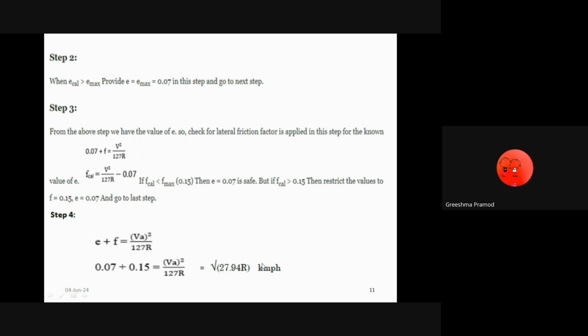That will give you the allowable or restricted speed in kilometer per hour.